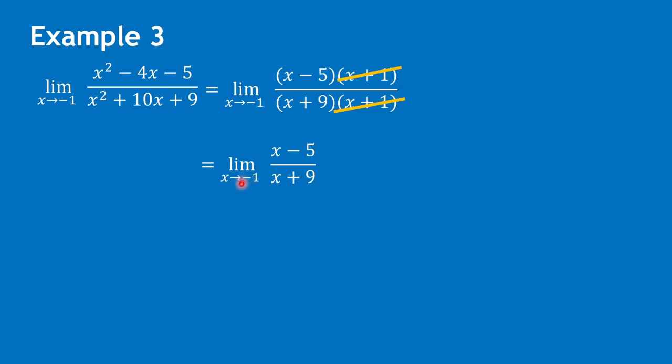So we can now substitute -1 to our x here. So we have -1 minus 5 all over -1 plus 9. So -1 minus 5 is -6. -1 plus 9 is 8. Simplifying, we can have -3 over 4.